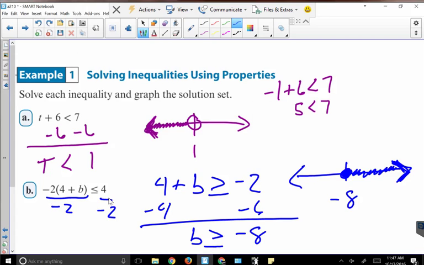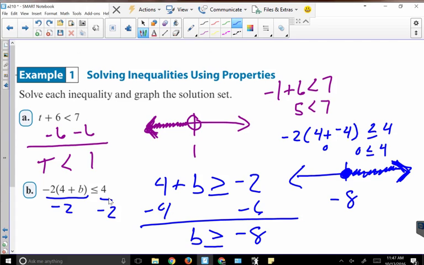So if I were to put -4 in here, so that would be -2 multiplied by 4 plus -4. Is that less than or equal to 4? Well, let's see. 4 plus -4 is 0. What's 0 times -2? So is 0 less than or equal to 4? And that's true. So it did work. We were able to identify the values that were going from there.